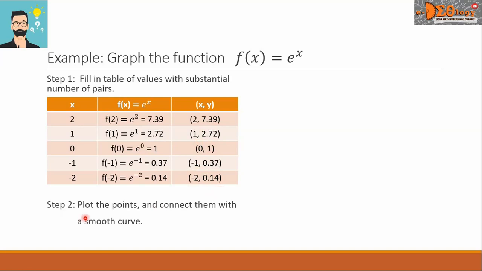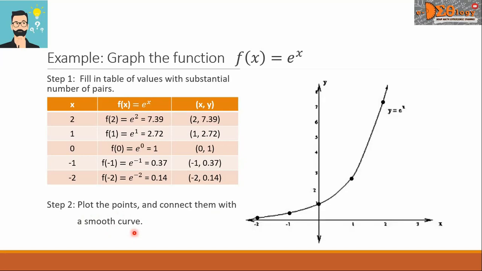And then step 2, let us plot the points and connect them with a smooth curve. This is now the curve. Look at our first point, (2, 7.39). It is here. The point (1, 2.72) is here.